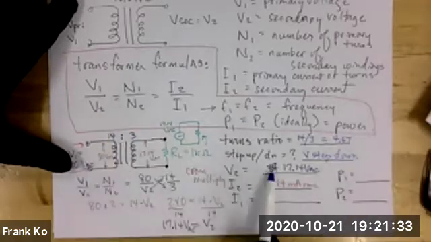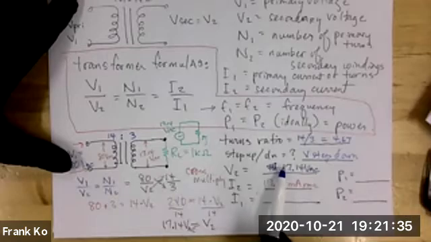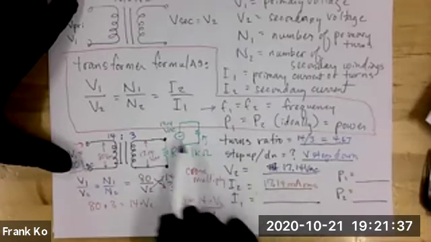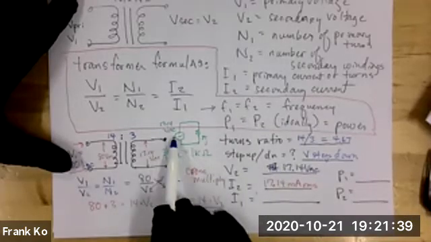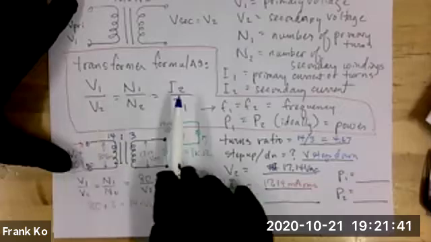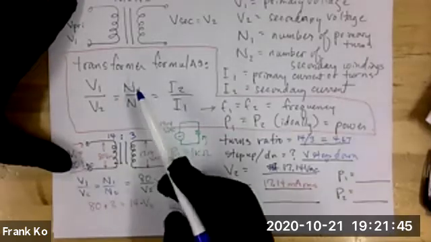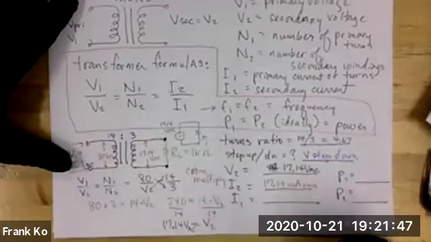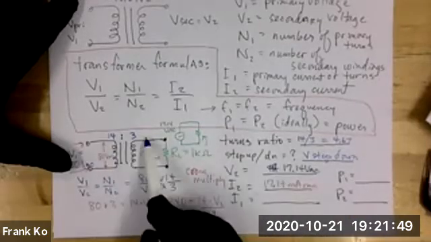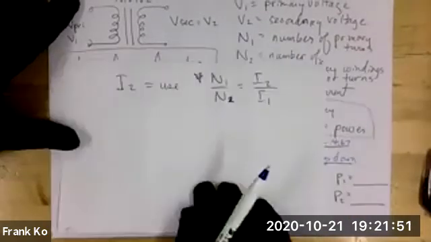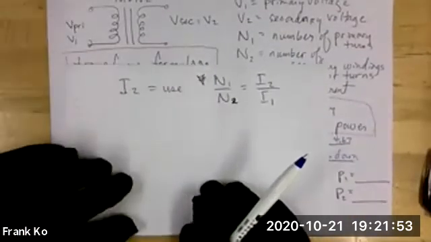If you're going to use a V2 that possibly could be in error, this 17.14 VAC, that guarantees your current calculation is going to be an error. So always use a known value. N1 over N2 is a known value because those were given. So that's why on this sheet we're going to use N1 over N2.